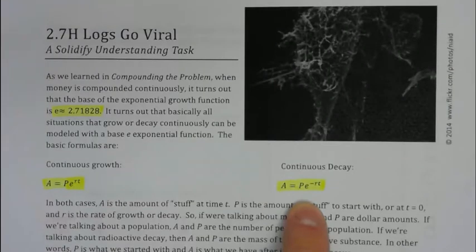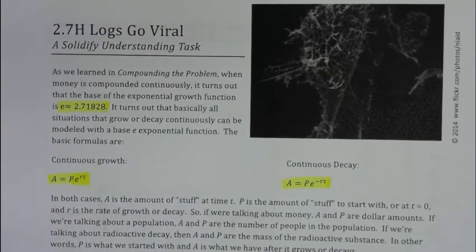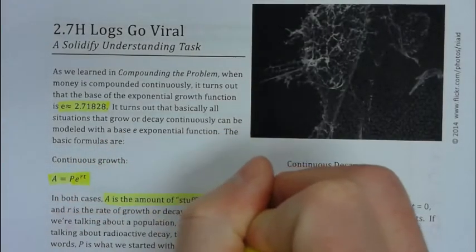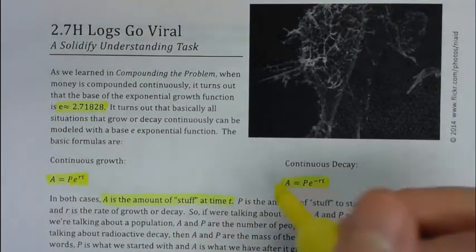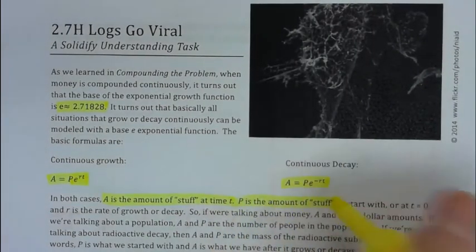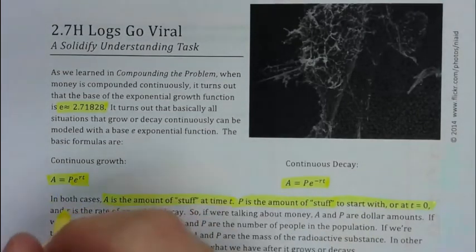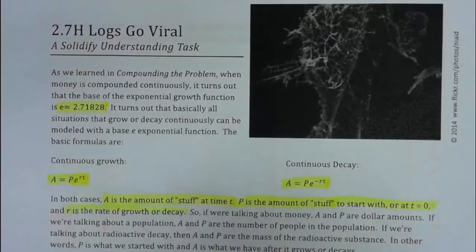So now, just like before in other exponential growth or decay problems, the A is what you're going to end up with at the end of time t, and so we can highlight that as well. P is the amount of stuff that we're starting with, like the amount of money we're starting with at time 0, and r is the rate of growth or decay. So just remember that r is usually a percentage, and it's usually written as a decimal as well.